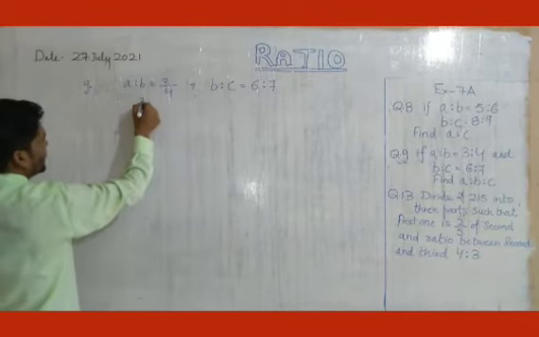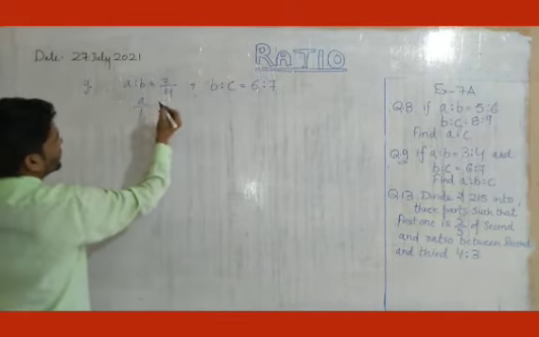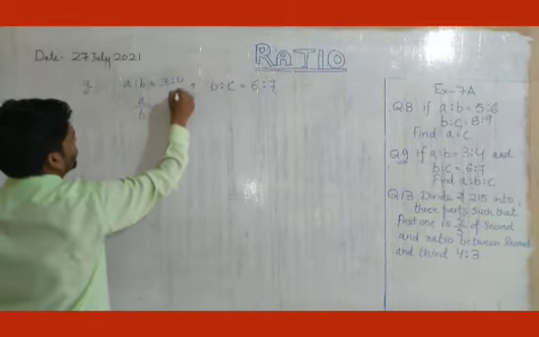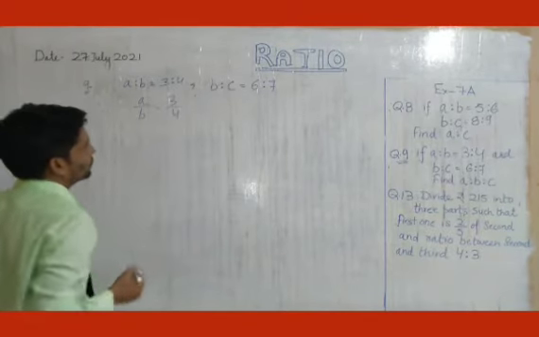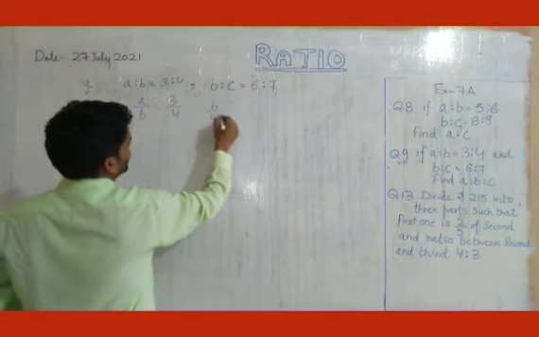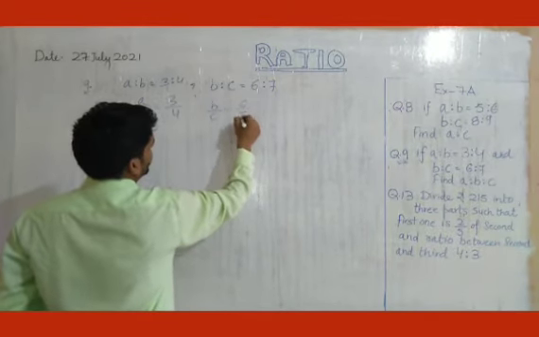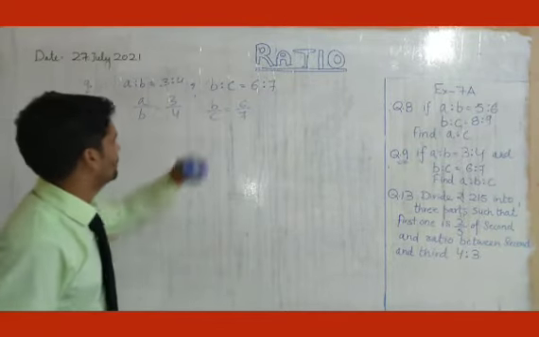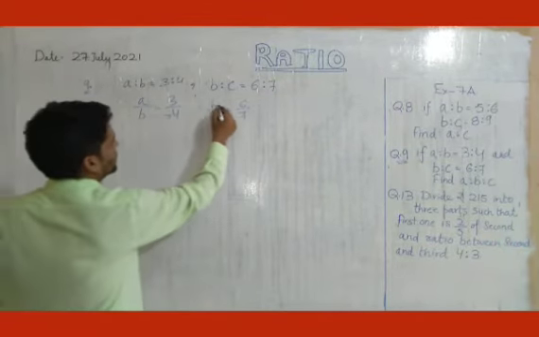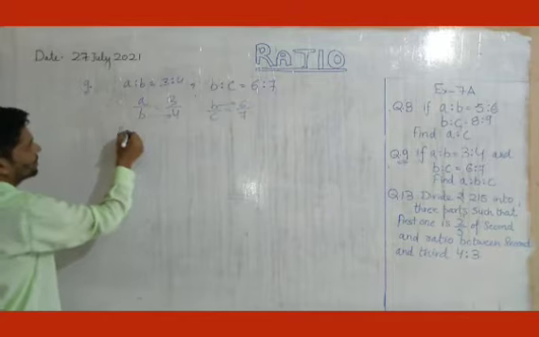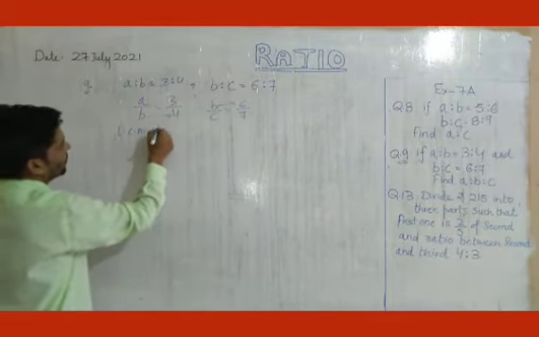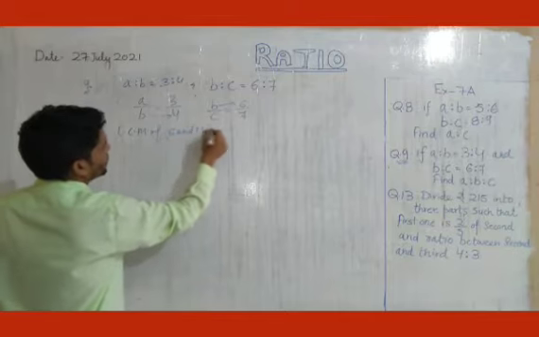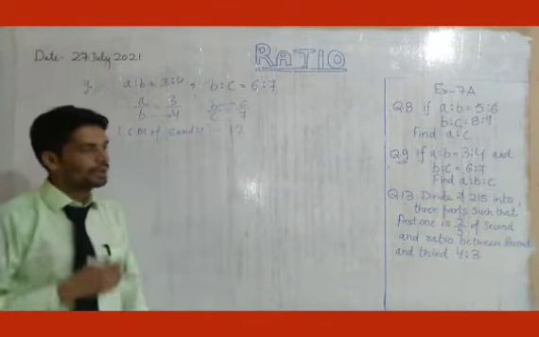So we can write A by B is 3 by 4 and B divided by C is 6 divided by 7. Here also we have to make B the same. B here is 4 and here 6. We have to take the LCM of 6 and 4, which is 12.